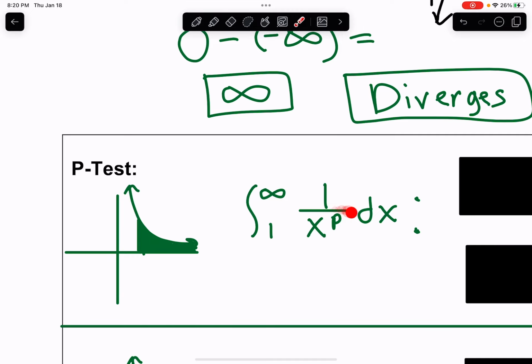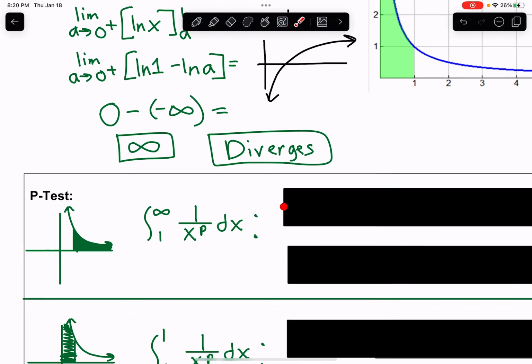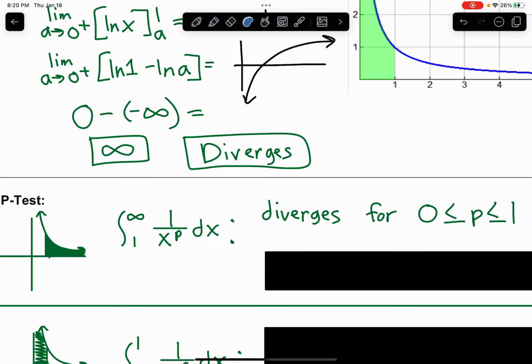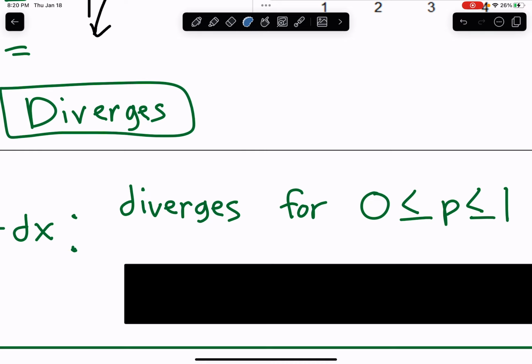Based on what the power is, we know that this integral will diverge for all p-values between and including 0 and 1.